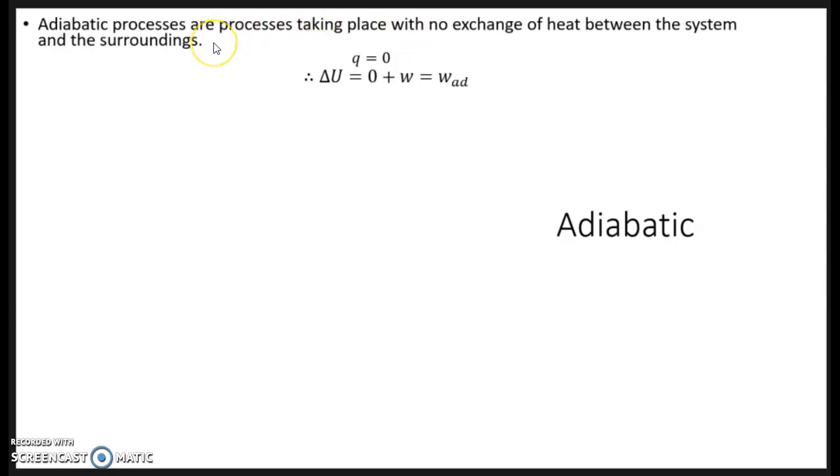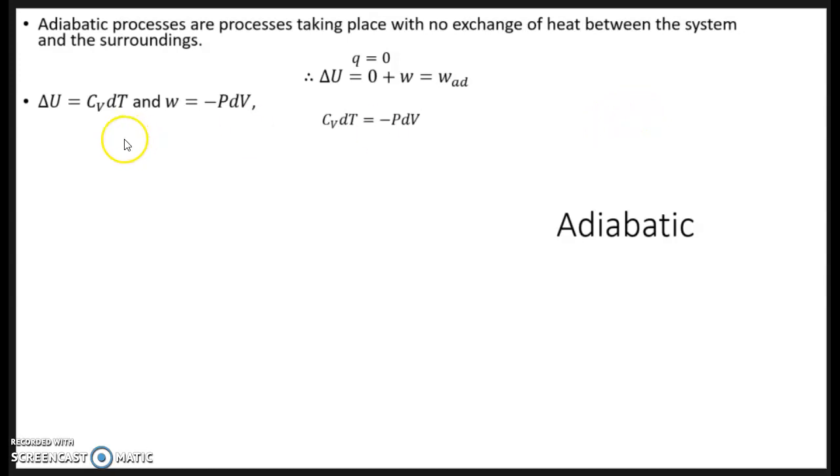So an adiabatic system is such that it's insulated from the surrounding. It's almost an ideal system. So we have the symbol delta U equals work adiabatic. Now we will derive the relationship between the state variables in an adiabatic process.